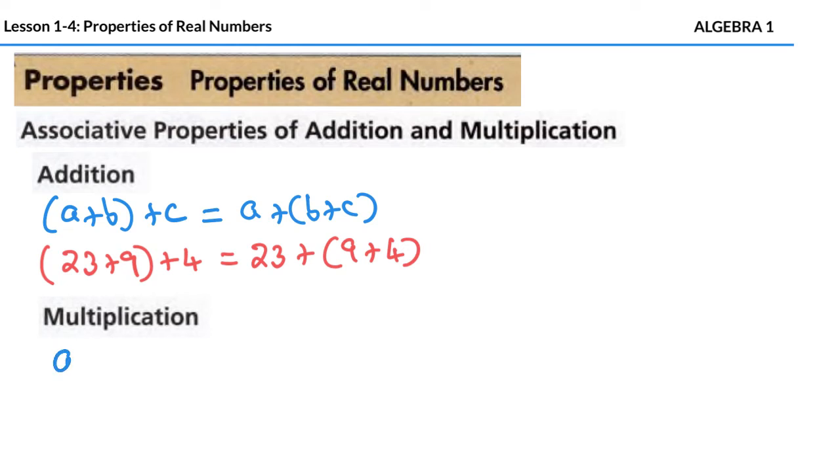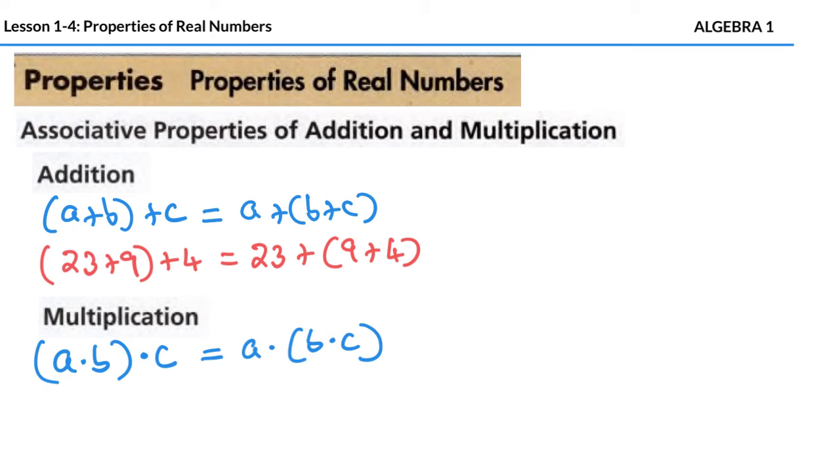It says A times B, if I multiply them first and then multiply with C, is going to be same as A times, I multiply B times C first and then multiply with A. Whether I group A and B first in multiplication and then multiply with C, is going to be same as whether I multiply B and C first and then multiply with A. So changing the grouping of the factors does not change the product. That is the associative property of multiplication.